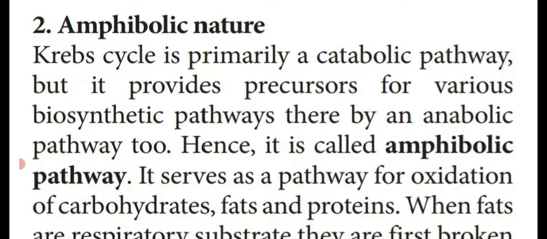That is anabolism, which we have just seen in the significance. It is responsible for anabolic process, and energy is also produced. Catabolism also takes place. So this reaction is known as amphibolic pathway or nature.